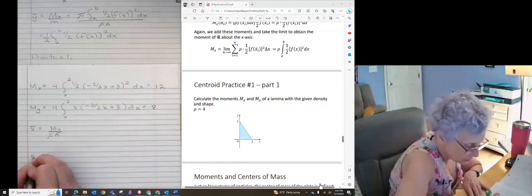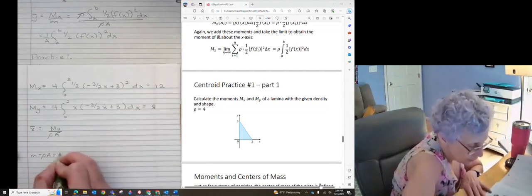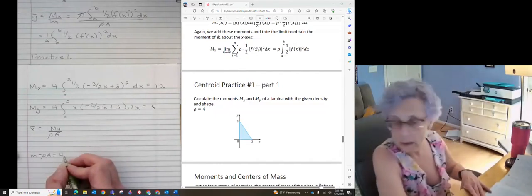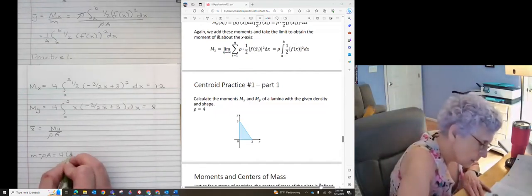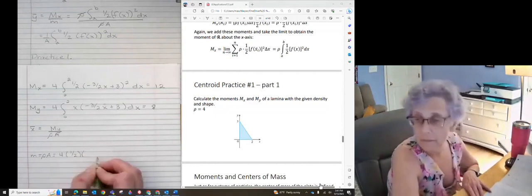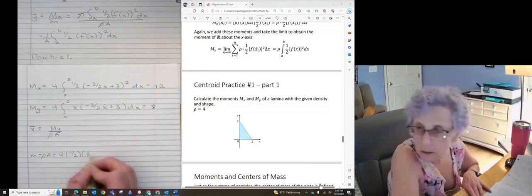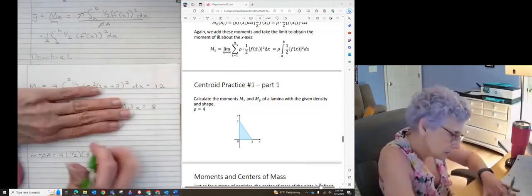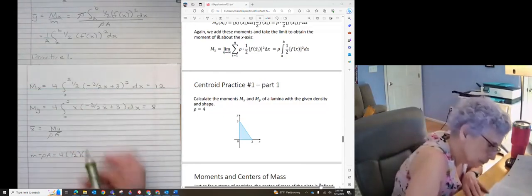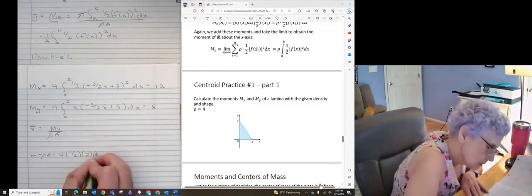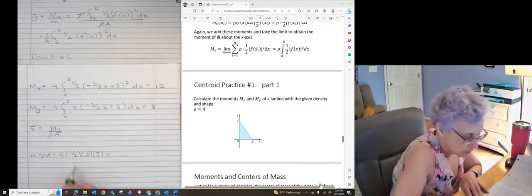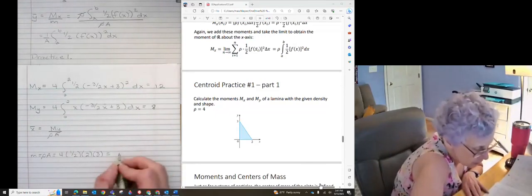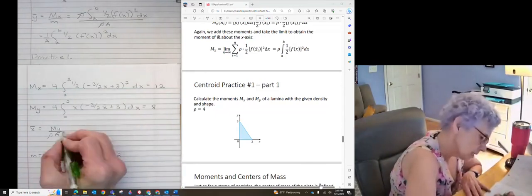So let's figure out what the total mass is. Rho times the area. And rho was given to me. It's 4. And the area is 1/2 of the base, which is 2, times the height, which is 3. So 1/2 cancels with 2, and I end up with 12.